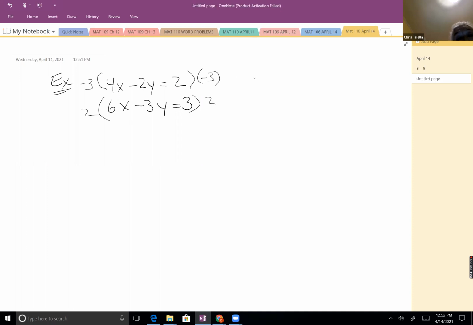That first product would give me -12x plus 6y equals -6. That second product distributing would give me 12x minus 6y equals 6.